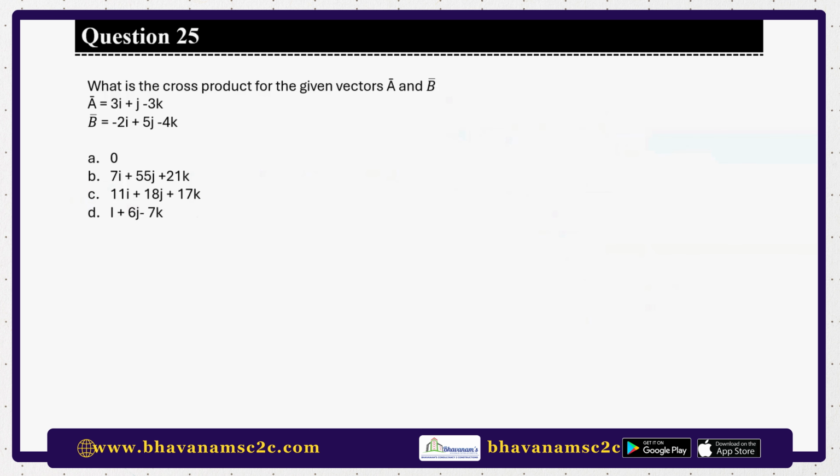Using the calculators, you can calculate the cross product value too. And remember, when you do the cross product, the value will be in the format of i, j, k in general. So I'll show you the way of doing the cross product. Try to remember this.